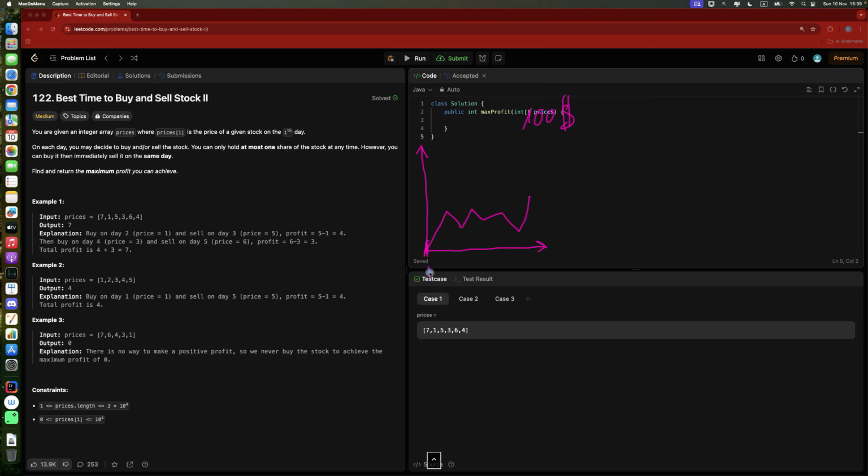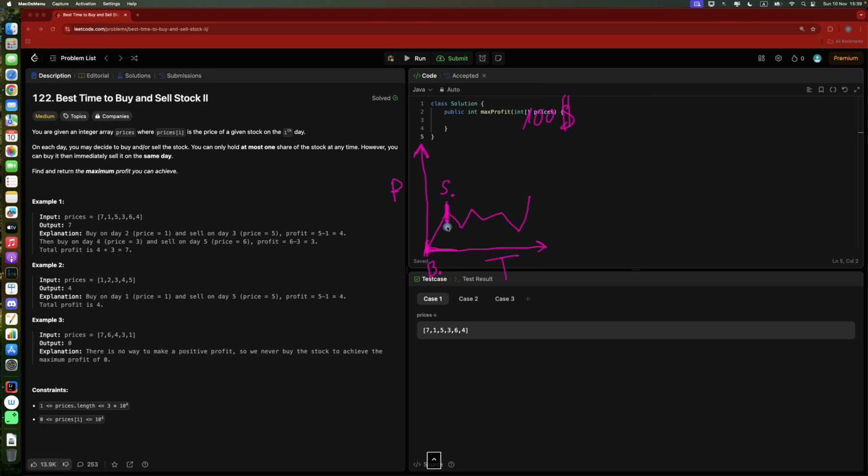You buy here. I will denote buy with B, and you want to sell it here. I'll denote sell with S. Here is the time on the horizontal, and the price is on the vertical.